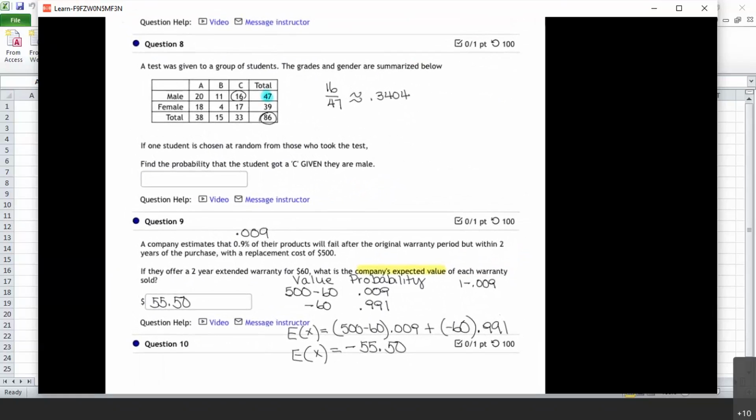So yeah, they're selling them for 60 bucks, but they're only going to have to replace a very small percentage of the product. So almost all of the cost of the warranty is pure profit to the company. Any questions on 9? You understand why it's positive? Why I put a positive number in there?